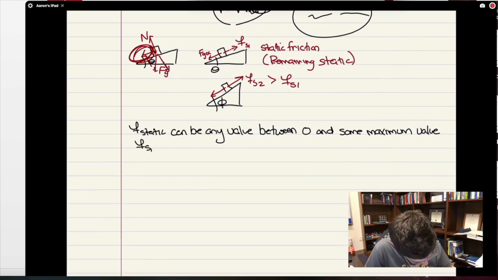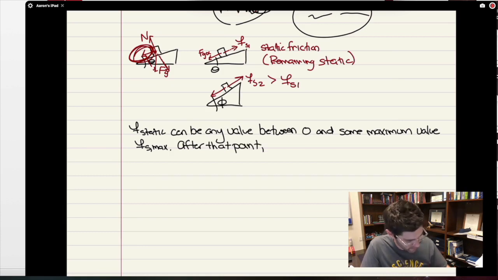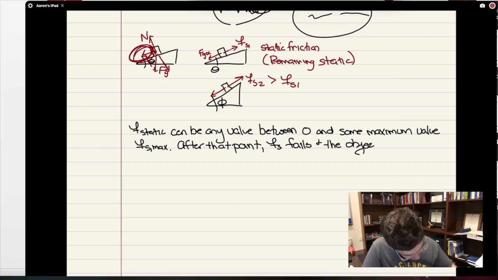I'll call it Fs max, say. After that point, F static fails, and the object begins to move or slide.